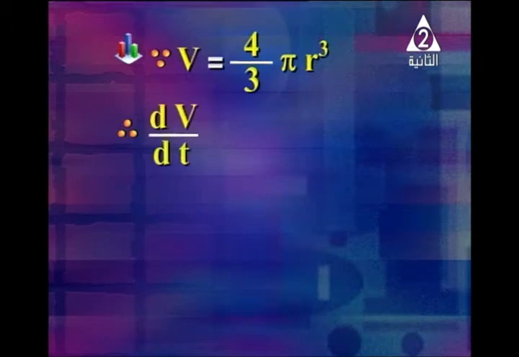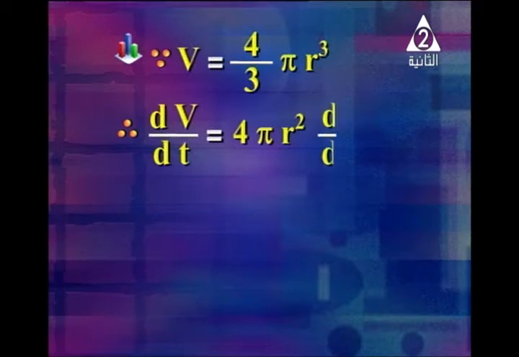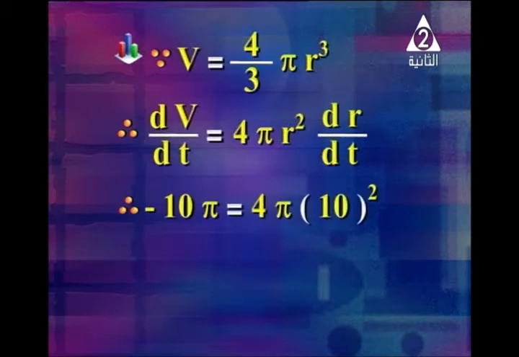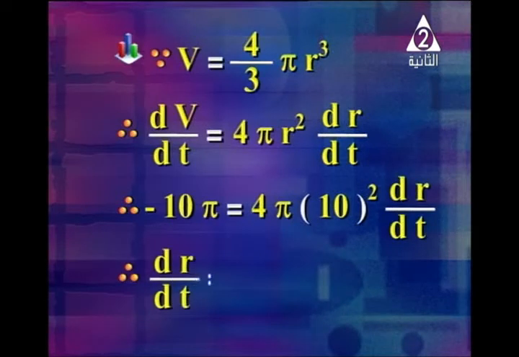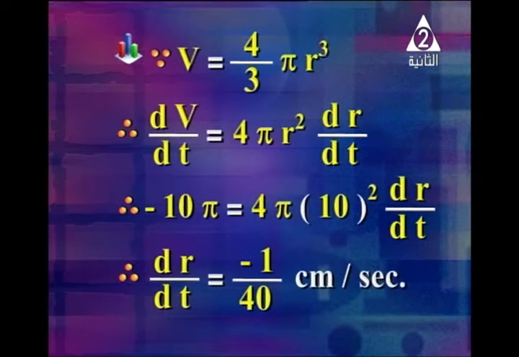Then differentiating with respect to time t, dV over dt equals 4 pi r squared dr over dt. By substitution to find dr over dt, dr over dt equals -1/40 centimeter per second.